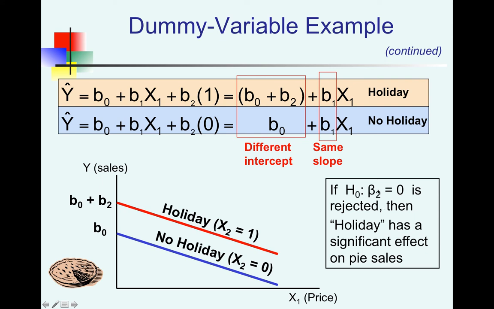If I have a p-value for beta 2, the slope for the holiday dummy variable, and it's less than 0.05, then it is significant, and I would say that holiday is a significant predictor of pie sales. Otherwise, if the p-value is large, there isn't evidence that holiday has an effect. So again, it's the same thing, but the interpretation of the slope is much easier, you'll see.